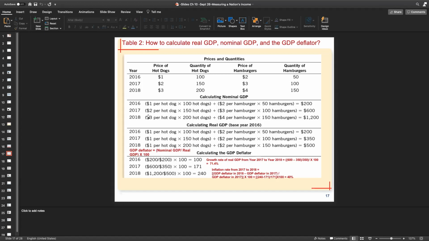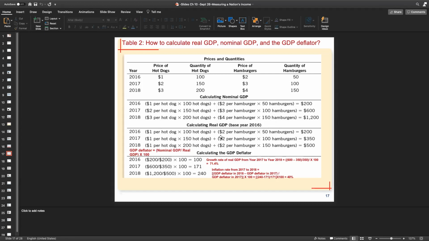The quantity would be based on the year. In 2016, the quantity was 100 hot dogs. In 2017 it was 150, and in 2018 it was 200. And for hamburgers, the quantity was 50 in 2016, 100 hamburgers in 2017, and 150 hamburgers in 2018.